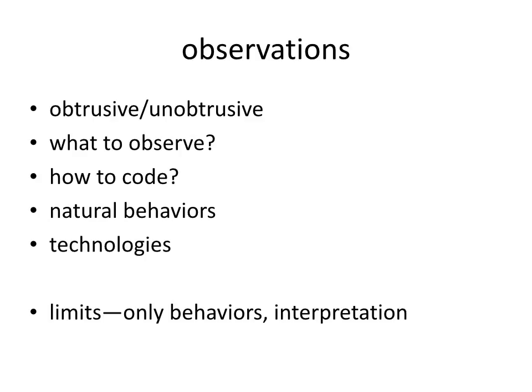In most cases, they tend to act naturally after a time. So if you tell people, look, we're going to be watching you, they will act unrealistically for a few minutes, but then after a while they sort of get used to being observed and they tend to act more normally. Not completely, but often an obtrusive observation will suffice.